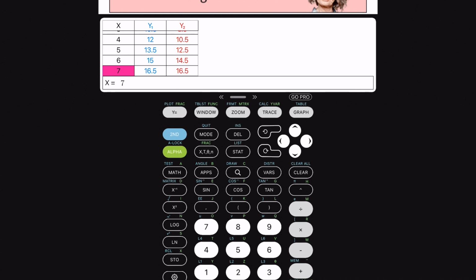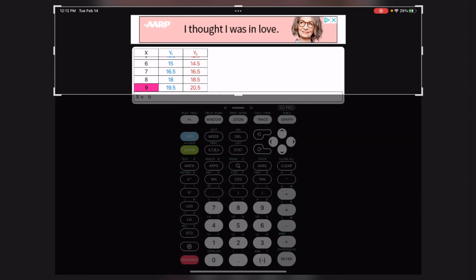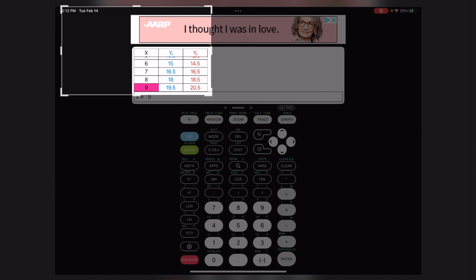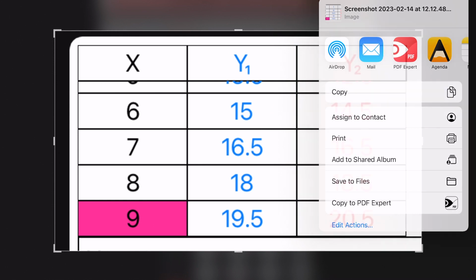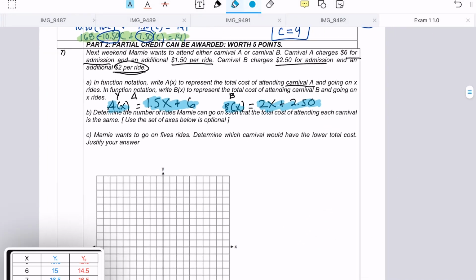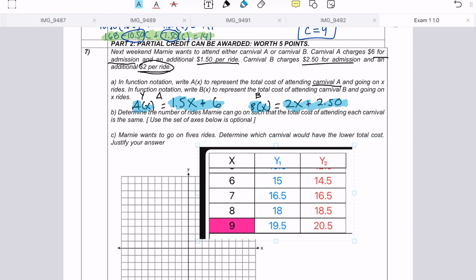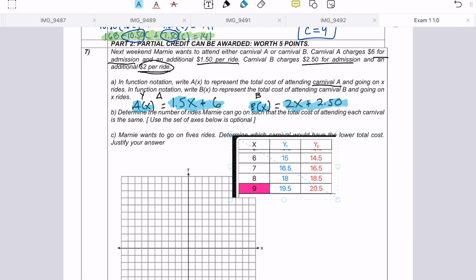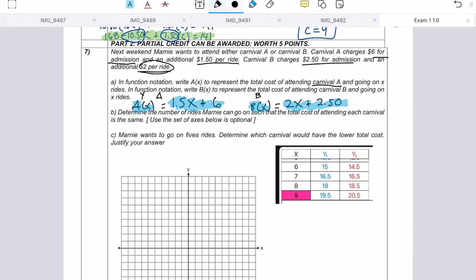Okay, so you can actually just put those values in. You can just copy those values in from your table, and you can just highlight where the solution is.